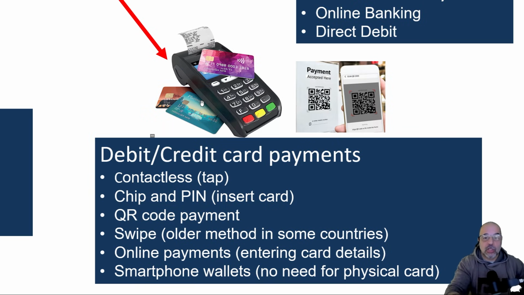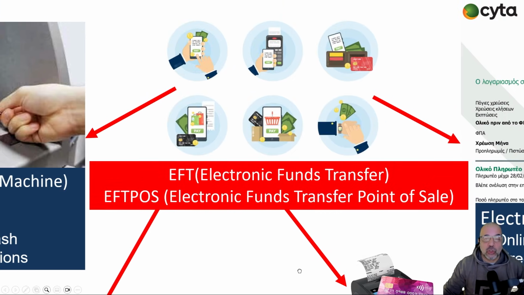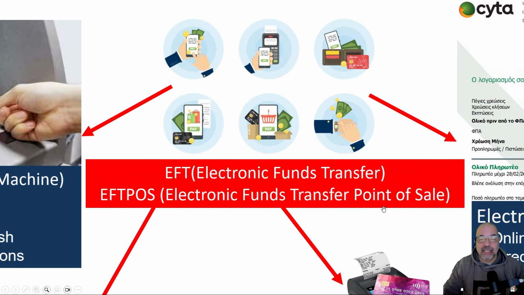You can insert the card in this system, or you may scan a QR code with your mobile device to make the payment. Either way that you use, you're still transferring money from your account to the shopkeeper's account electronically and for the purpose of purchasing goods. So that's EFT POS. Okay, so you should now understand what we mean by EFT, POS, and EFT POS.